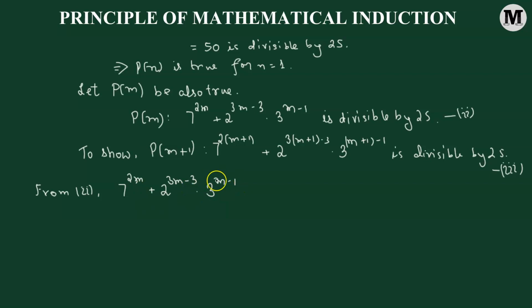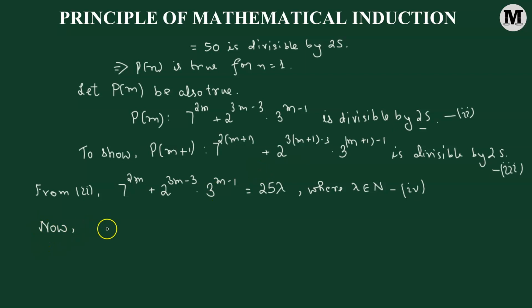Since it's given that this expression is divisible by 25, we will express it as a multiple of 25. So we'll take 25 times lambda, where lambda belongs to the set of natural numbers N. Let's call it number 4. Now we will use this fact to verify statement number 3.